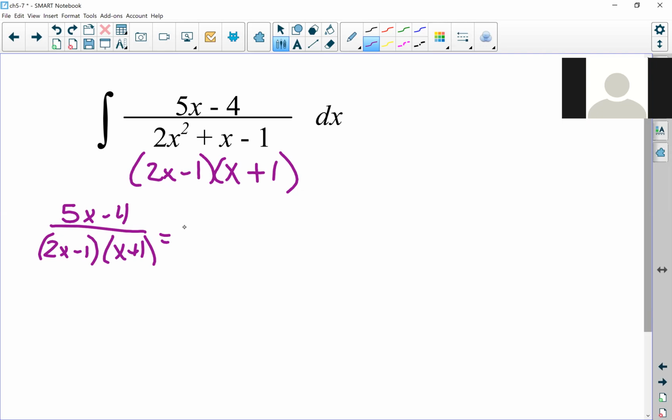Rewrite it as the sum of two fractions, one with a over one factor, the other with b over the other factor. Again, it doesn't matter which order you put them in. The signs work themselves out.